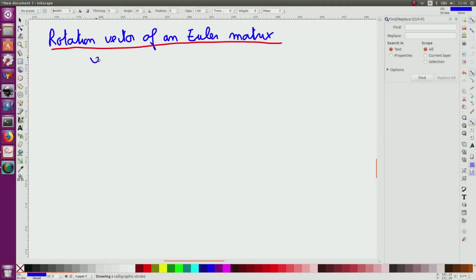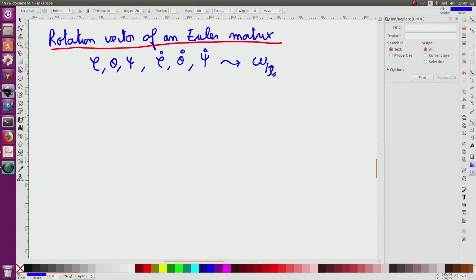Assume that I have my Euler angles phi, theta and psi, and also I know their derivatives phi dot, theta dot, and psi dot. Now what I want to compute is the rotation vector in the absolute frame, say in R0 for instance.